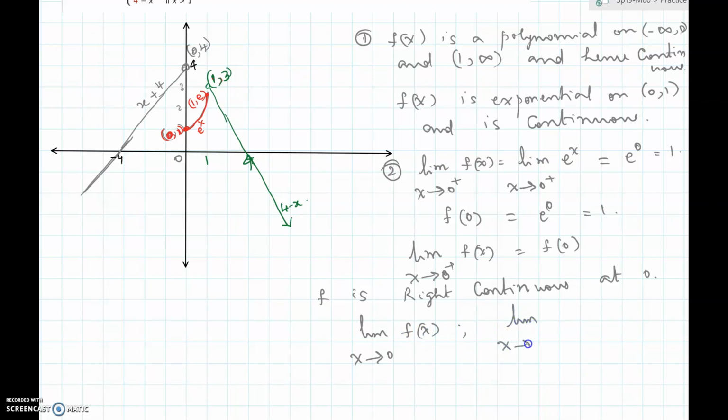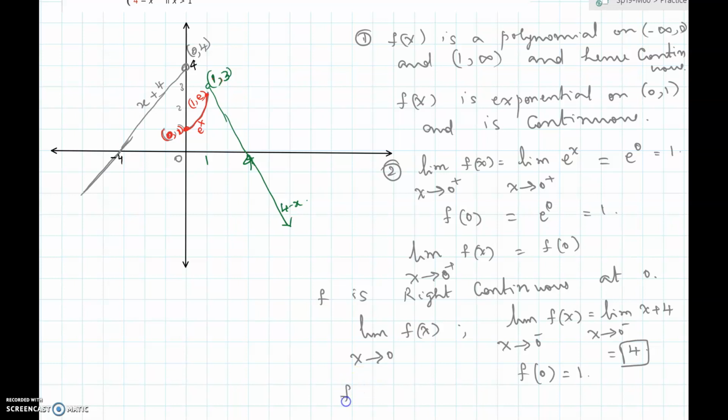The limit as x approaches 0 minus of f of x: to the left of 0, it behaves like x plus 4, so it is equal to 4. And it is not equal to f at 0, and therefore it is not continuous. f of 0 is equal to 1.